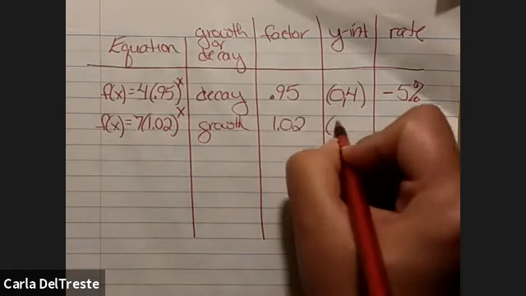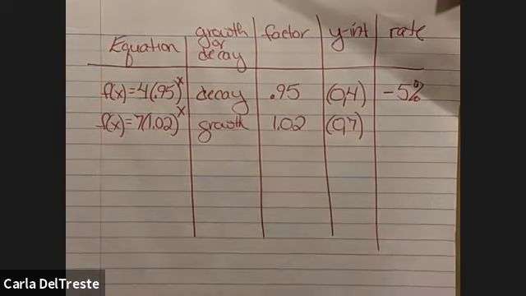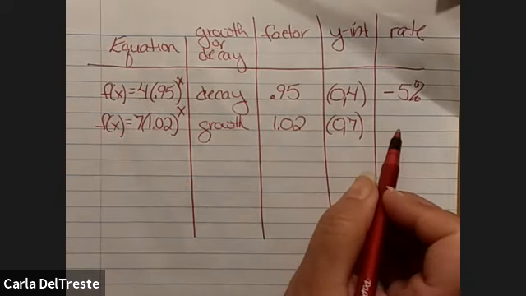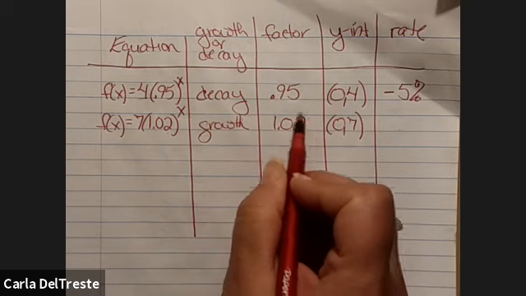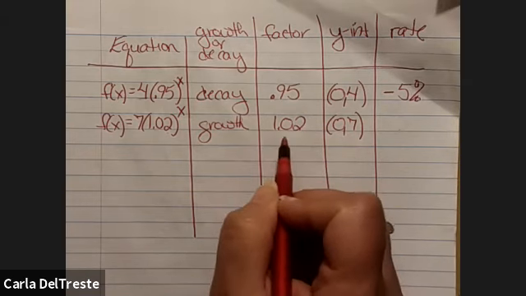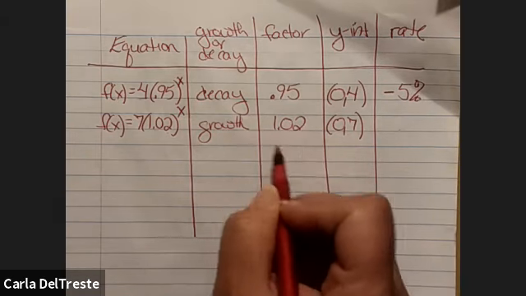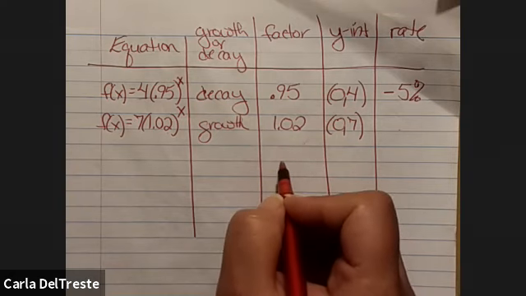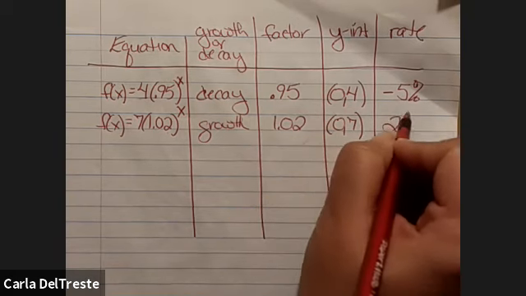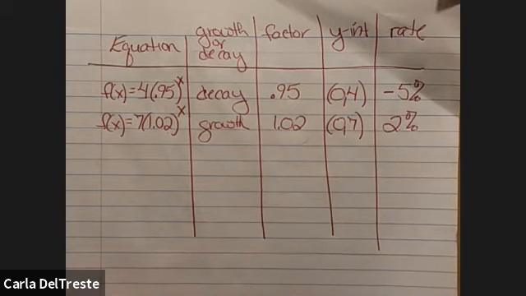The y-intercept is 0, 7, and the rate comes from the fact that we are keeping 102% every time. If I remove the original 100, I'm really only growing 2% every time. Remember, it's always the difference from 100%.